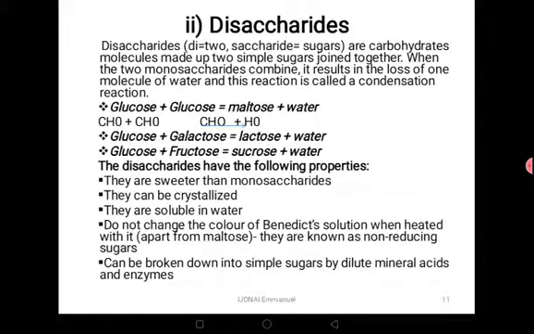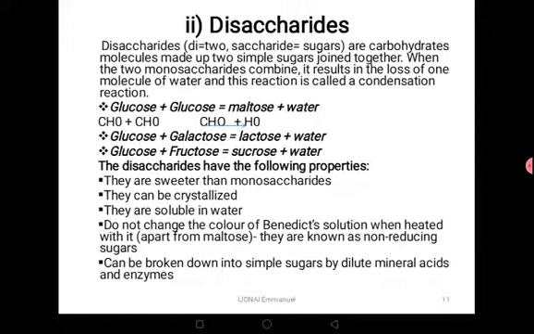The second one is that they are crystallizable. They can form crystals. And when you touch sugar with your fingers, you feel those particles. Those are the ones we call crystals. They are also soluble in water, and that's why we are able to make tea. Yeah, you add sugar to hot water, and you are able to get tea, which is sweet.